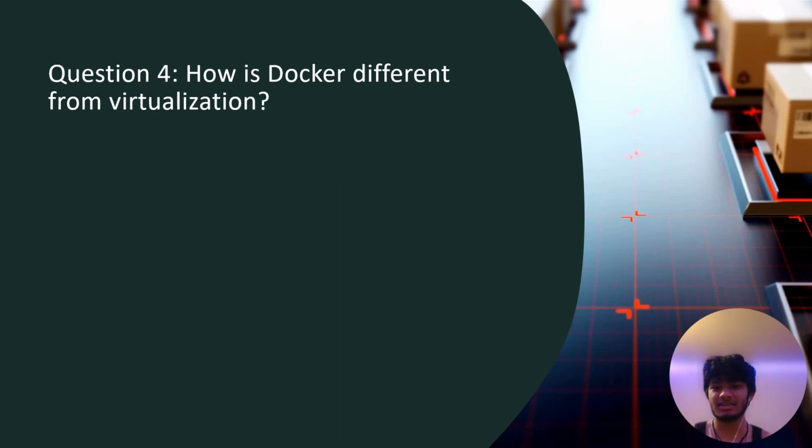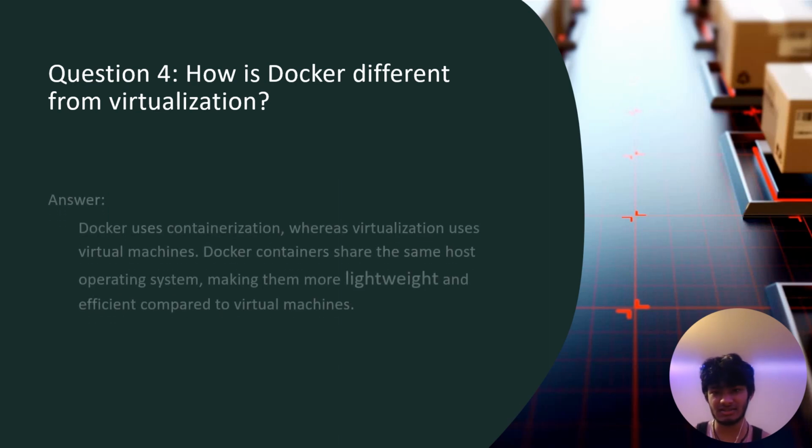Docker containers are like lightweight, portable packages that contain everything needed to run an application, including the code, runtime, system tools, libraries, and configurations. Containers are isolated from each other, allowing them to run consistently across different environments, but they share the same host system resources, making them more lightweight and efficient compared to virtual machines.